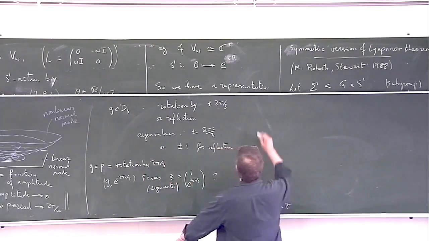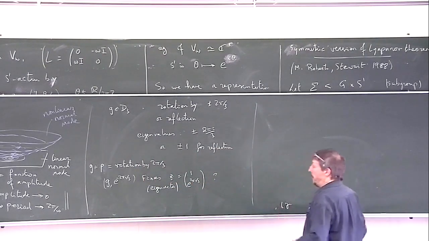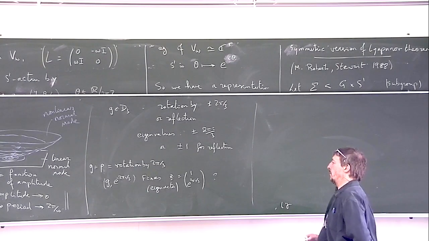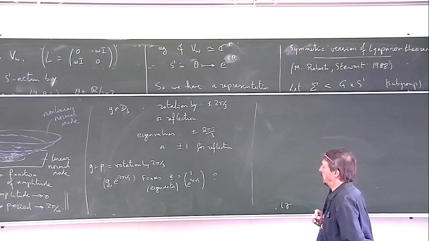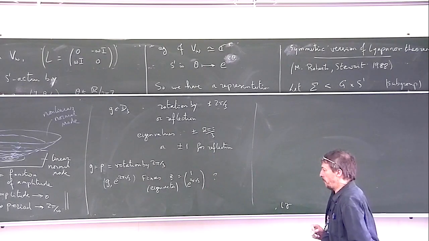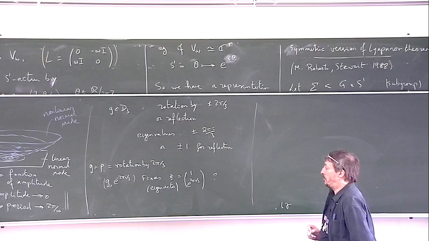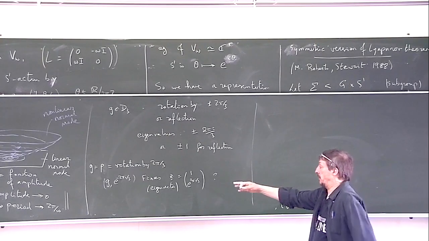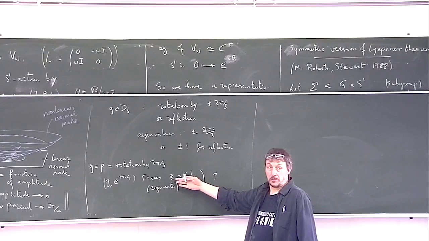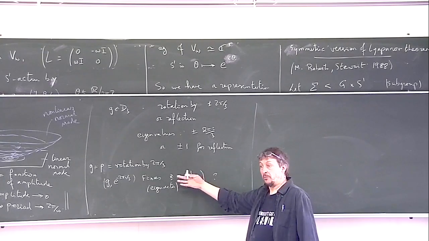Might be a sign wrong. I'd have to write down what the matrix is, work it out. So what this tells me is that it's an eigenvector, an eigenspace for the 2x2 problem.